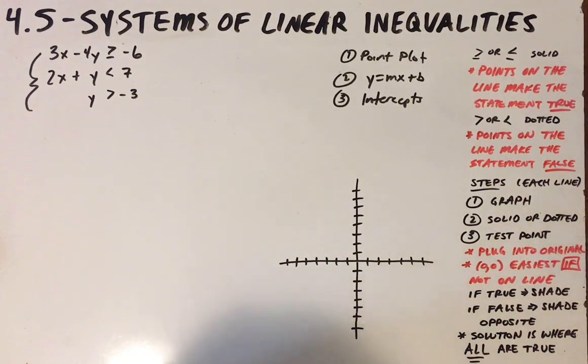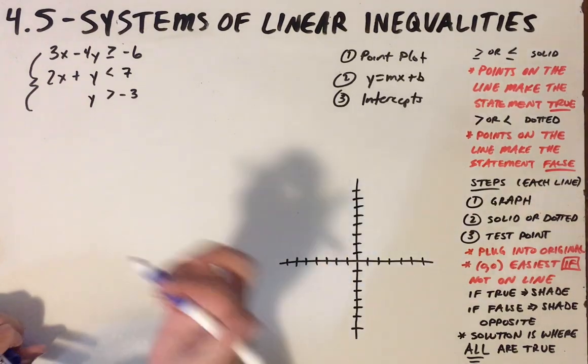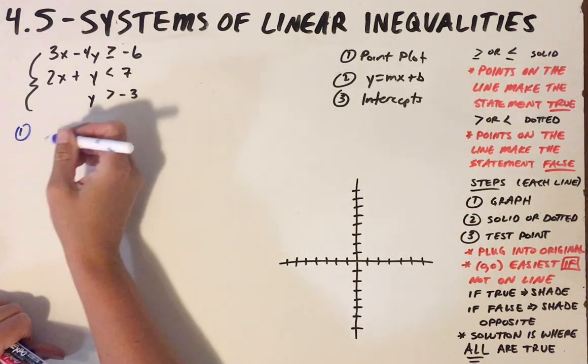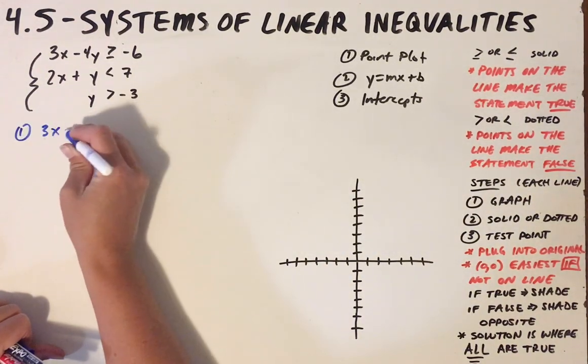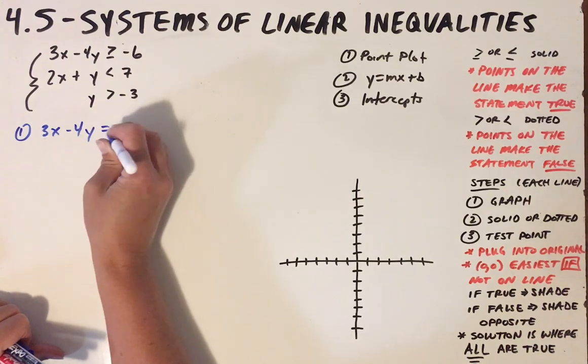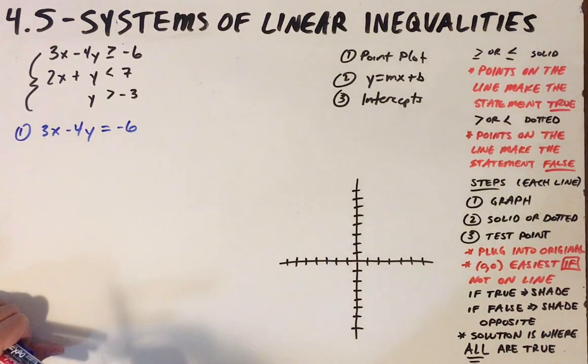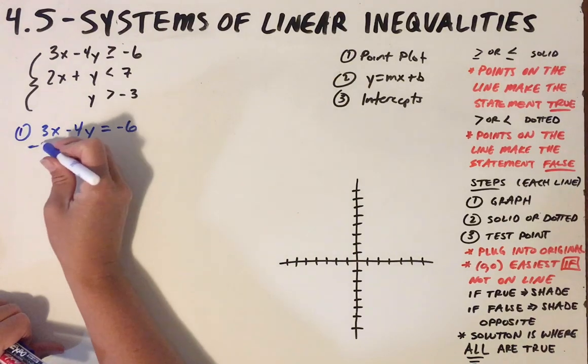Okay, for the first one, I think it's going to be easiest to put all of them in slope-intercept form. So for line 1, which again I'm going to graph in blue, I'm just going to put it in slope-intercept form. So line 1, I'm going to say 3x minus 4y, and I'm just going to change this to an equal to because I can. That sign doesn't matter.